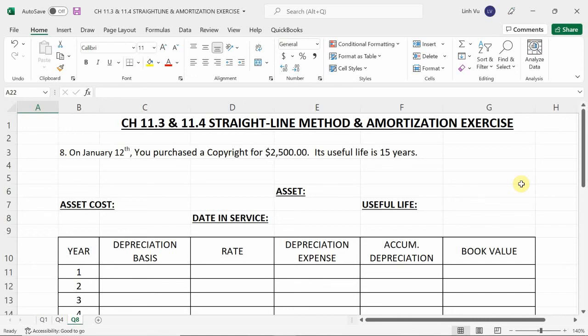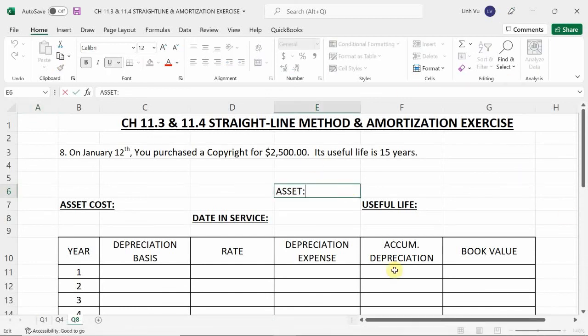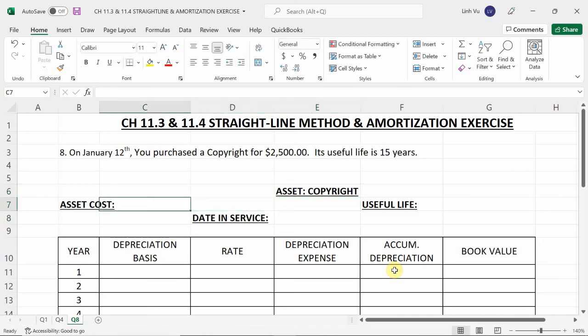Its useful life is 15 years. So what did I buy? Purchase copyright for 2,500. Okay. For 15 years.